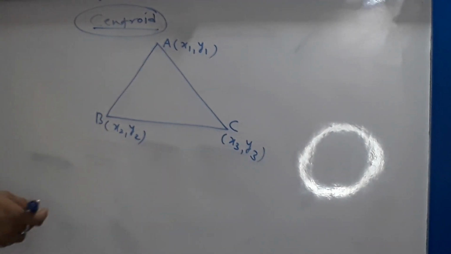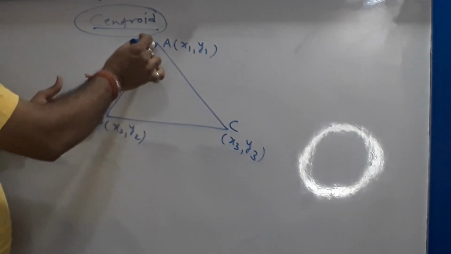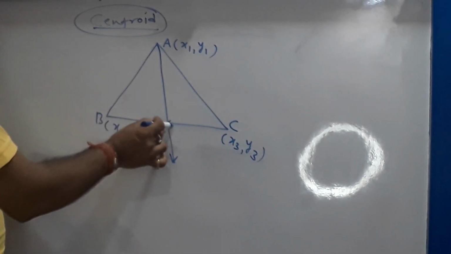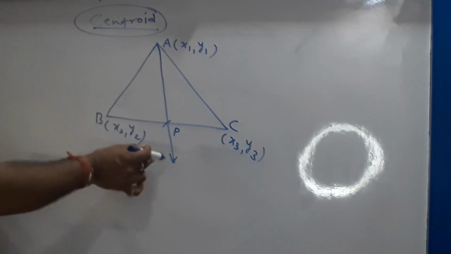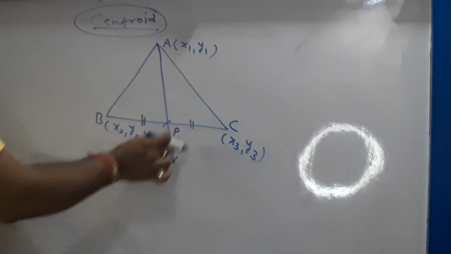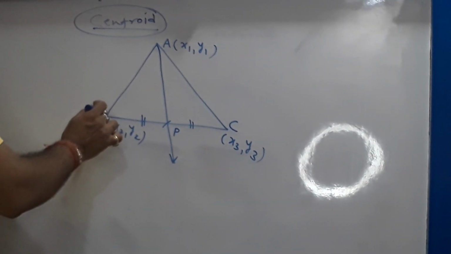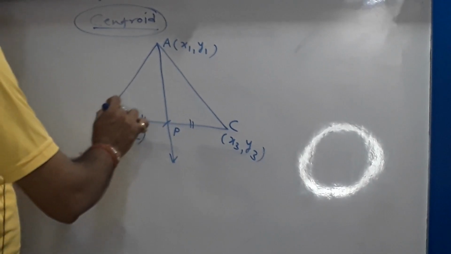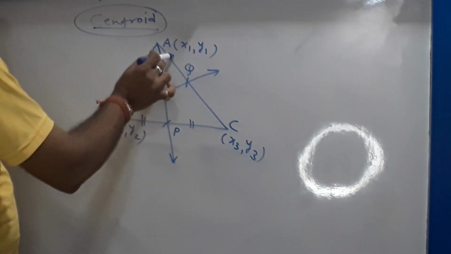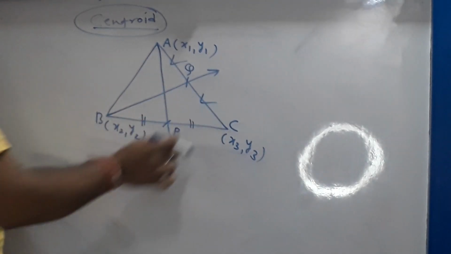Then what is the median? What is the centroid of a triangle? From vertex A, we draw median AP. AP is a median, so P divides BC, this side is equal to this side. Similarly, from each vertex, we draw a median to the opposite side. BQ is a median, so AQ is equal to QC.